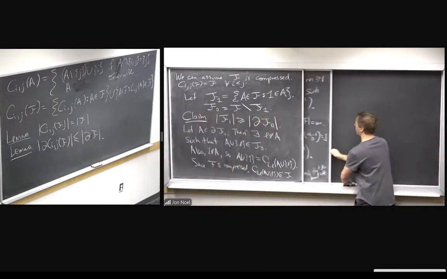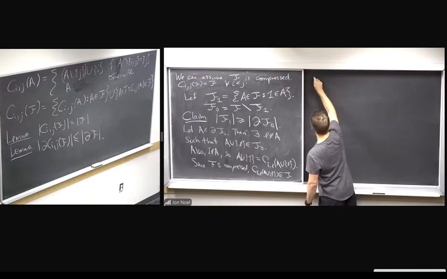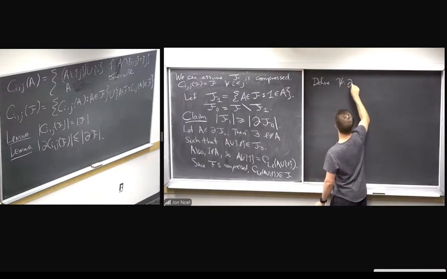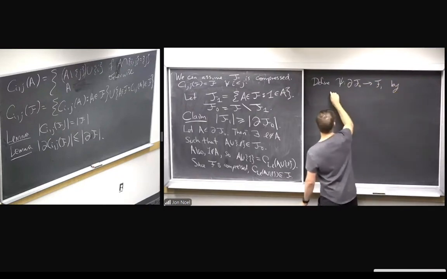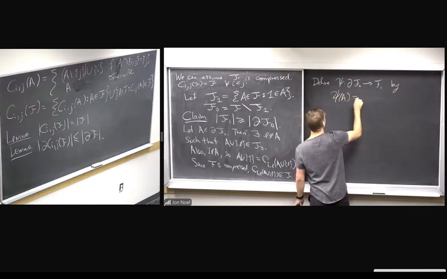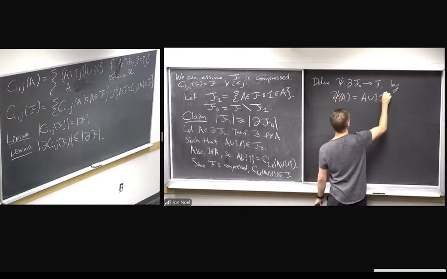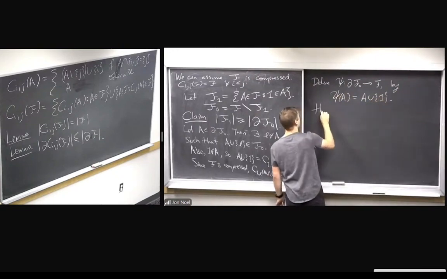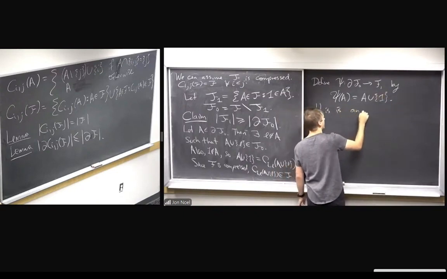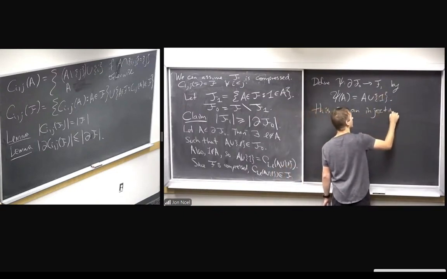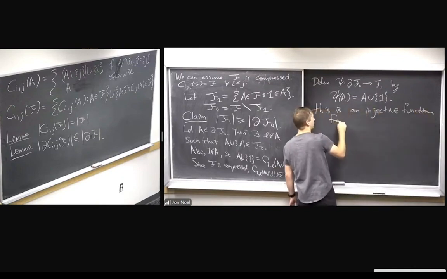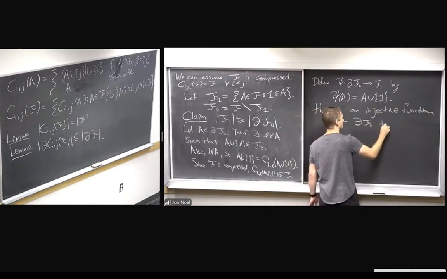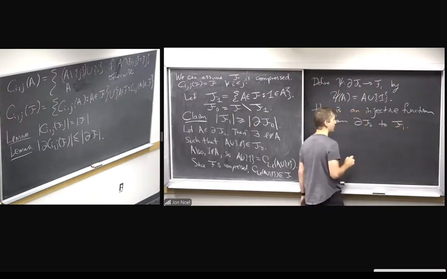Formally, if we define psi from the shadow of F naught to F1 by psi of A is A union 1, this is an injective function from the shadow of F naught to F1.